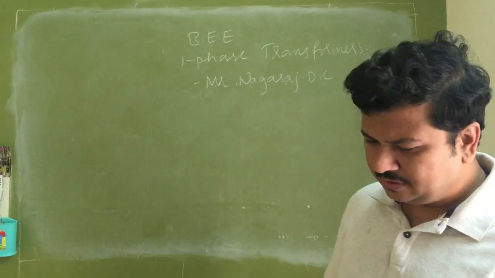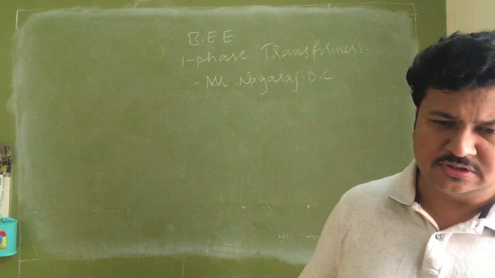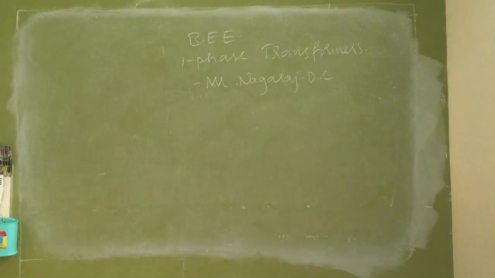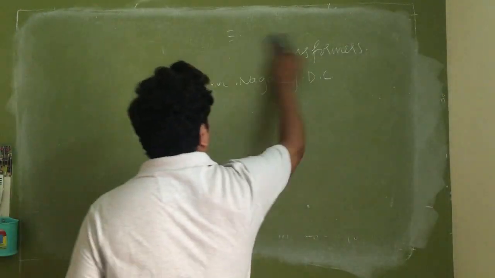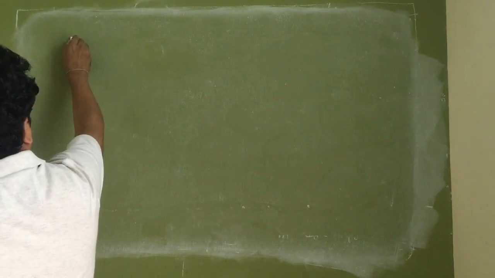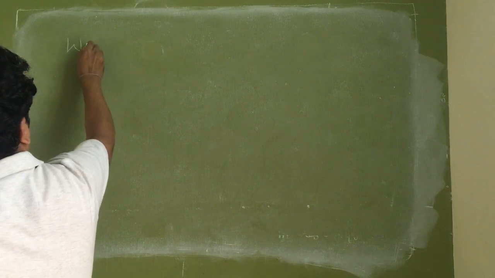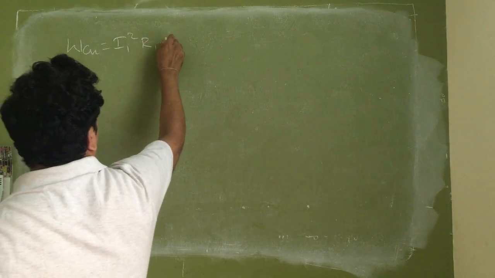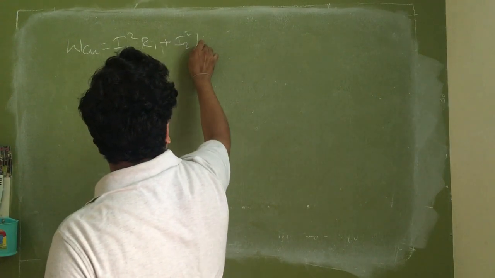In the last class we saw the copper losses, the variable losses, and we got to know that the total copper losses WCU equals I1 square R1 plus I2 square R2.